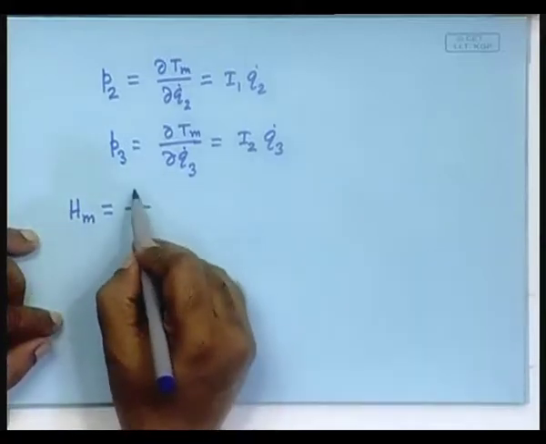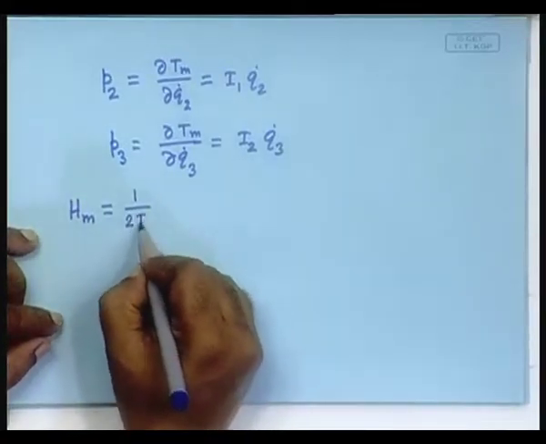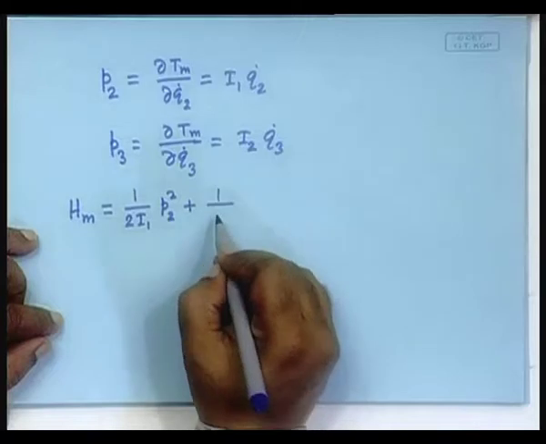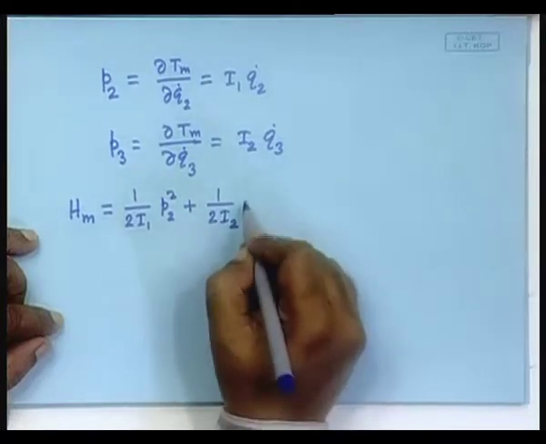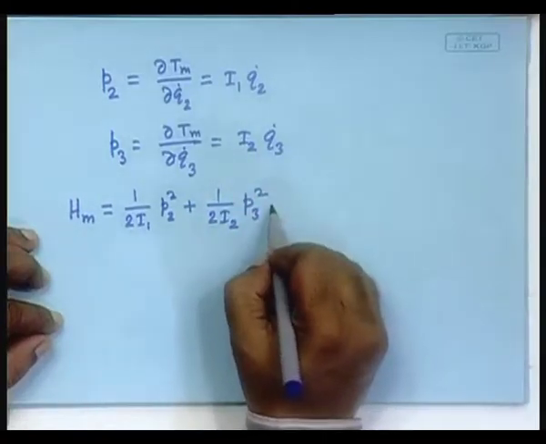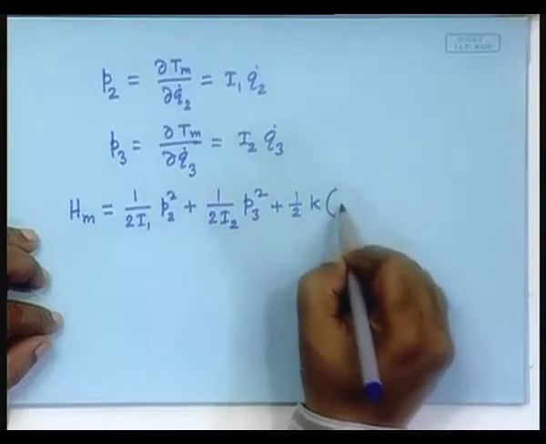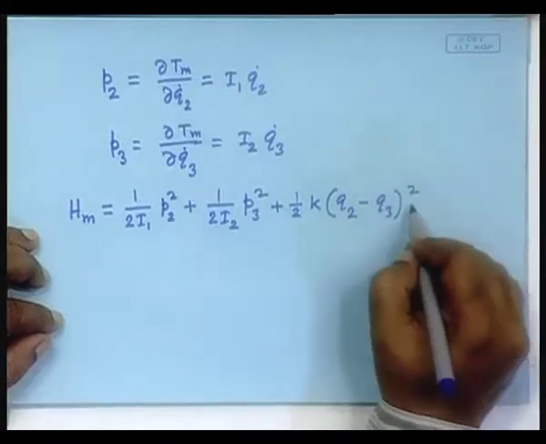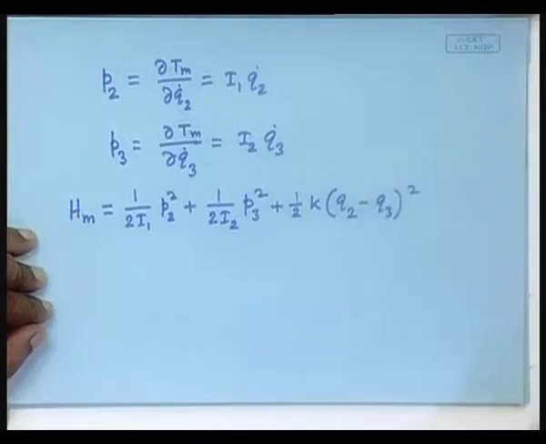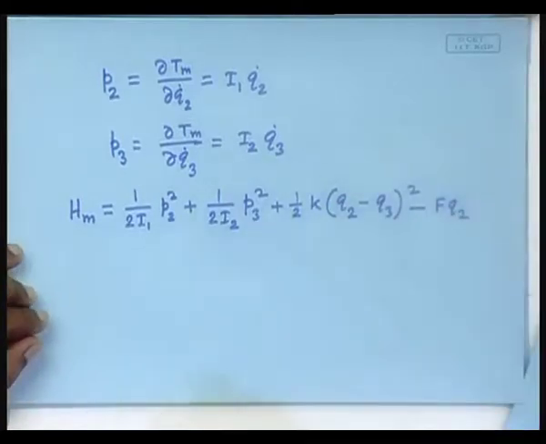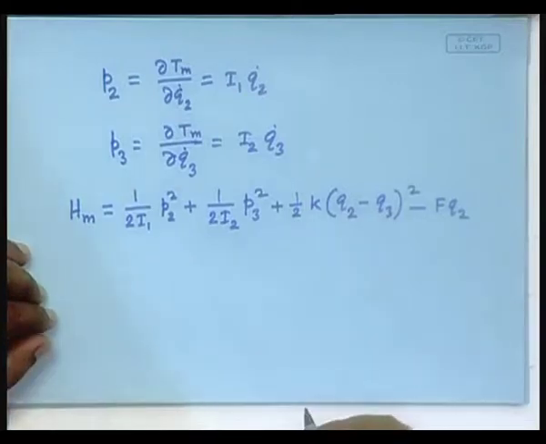It will be 1 by twice I1 P2 squared plus 1 by twice I2 P3 squared plus the potential term, half k (q2 minus q3) squared, then minus F q2. k is only 1, there is only one.